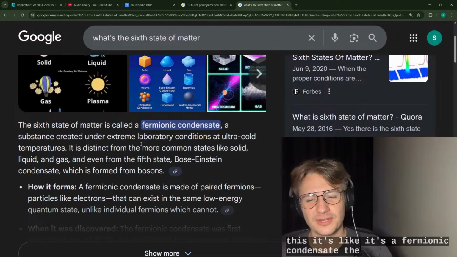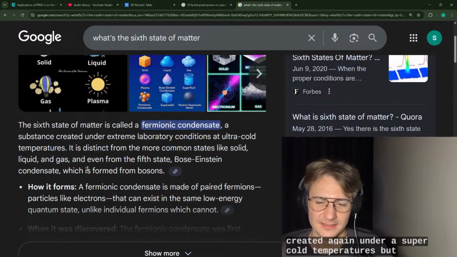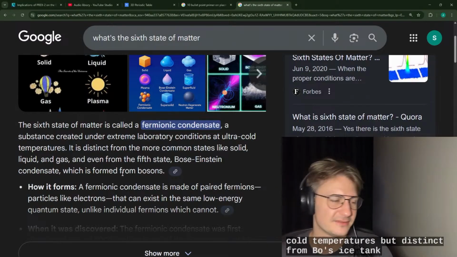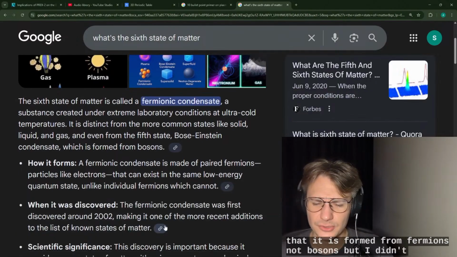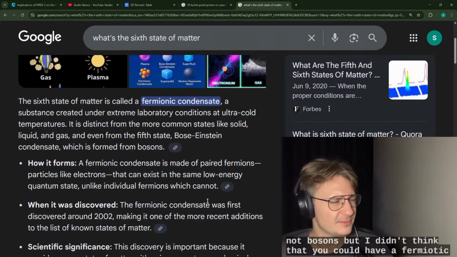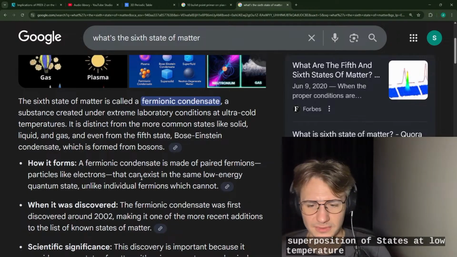The substrate created, again, under super cold temperatures, but distinct from Bose-Einstein condensate in that it is formed from fermions, not bosons. But I didn't think that you could have a fermionic condensate because fermions don't reduce to a superposition of states at low temperature.